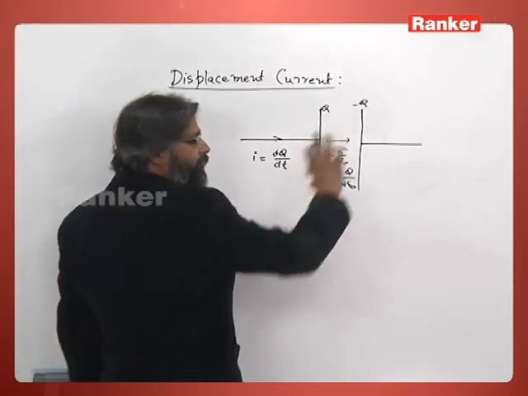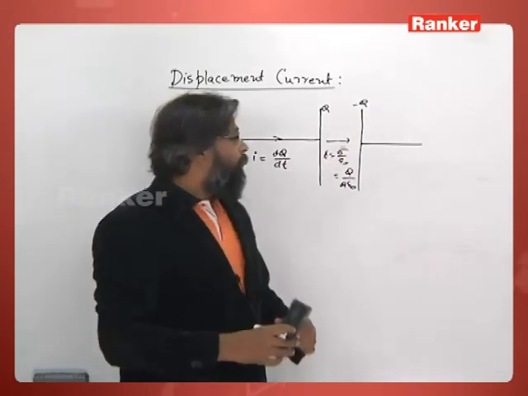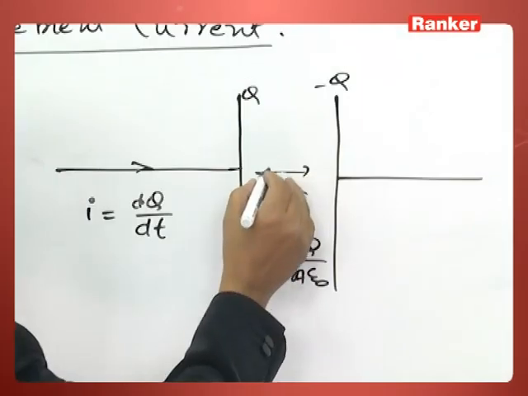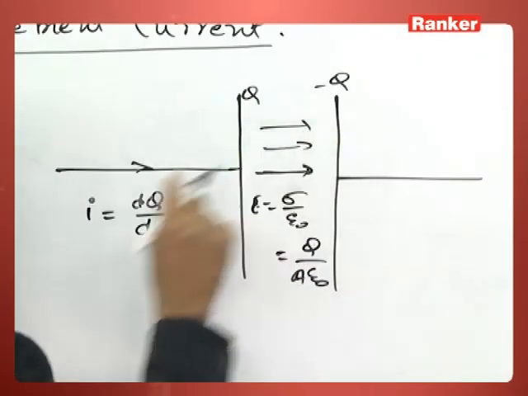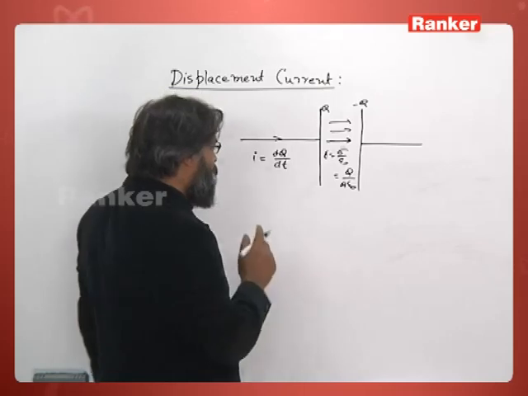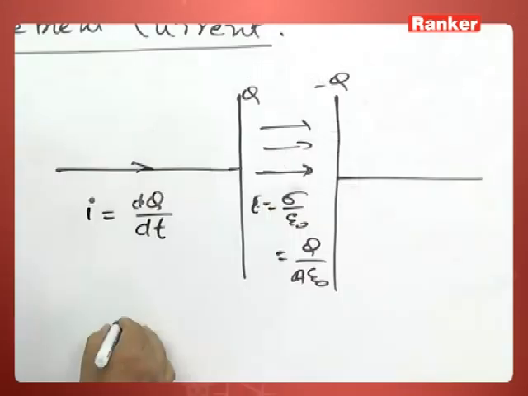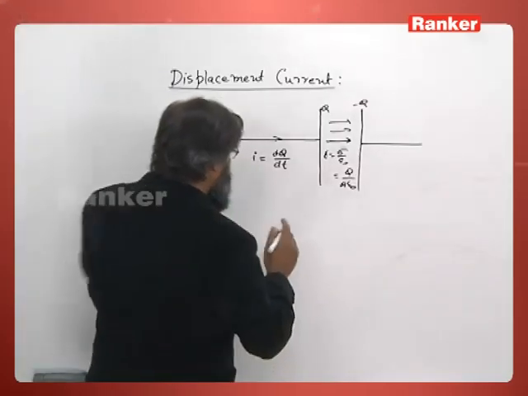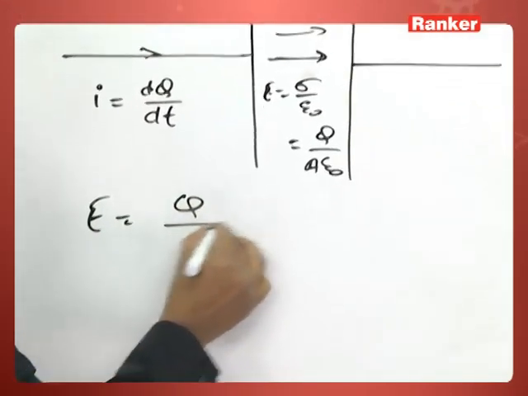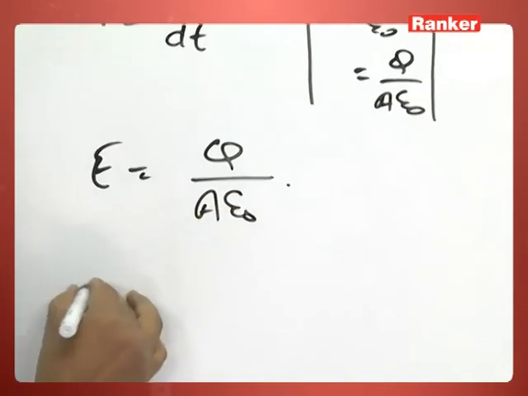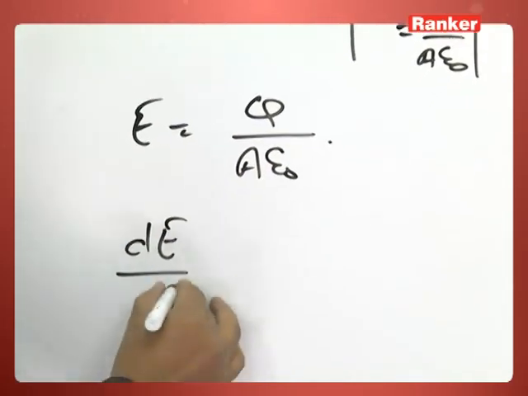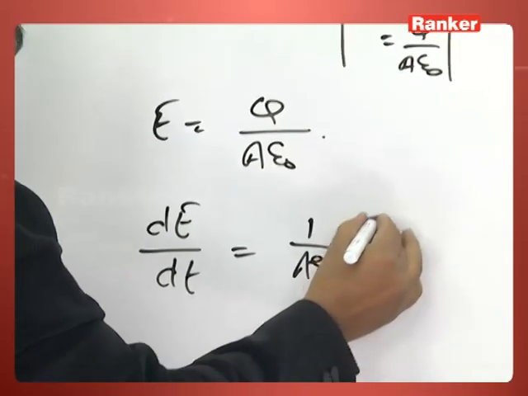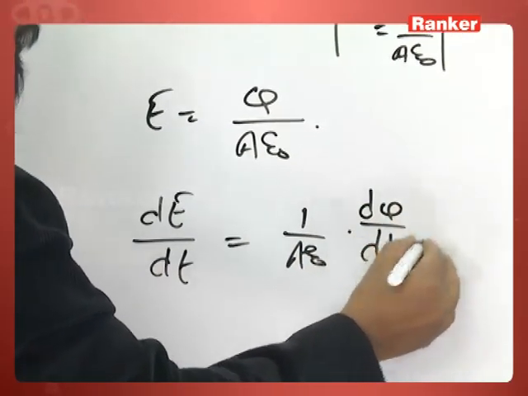Now in this region, in between the plates of the capacitor, we have the electric field changing whenever current I changes. So if I write this E as Q by A epsilon naught, then in that region the field will be changing at the rate of 1 by A epsilon naught dQ by dt.